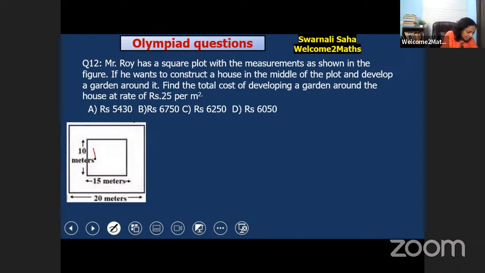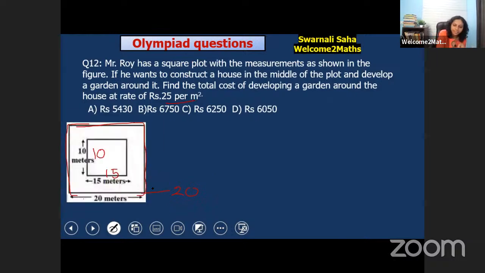It is 10, it is 15, okay, and it is 20. Square plot. So it is 20, that means this is also 20, this is also 20, all at 20. And here he wants to construct a house in the middle of the plot and develop a garden around it. So find the total cost of developing a garden around the house at rate of this, we have to find out.